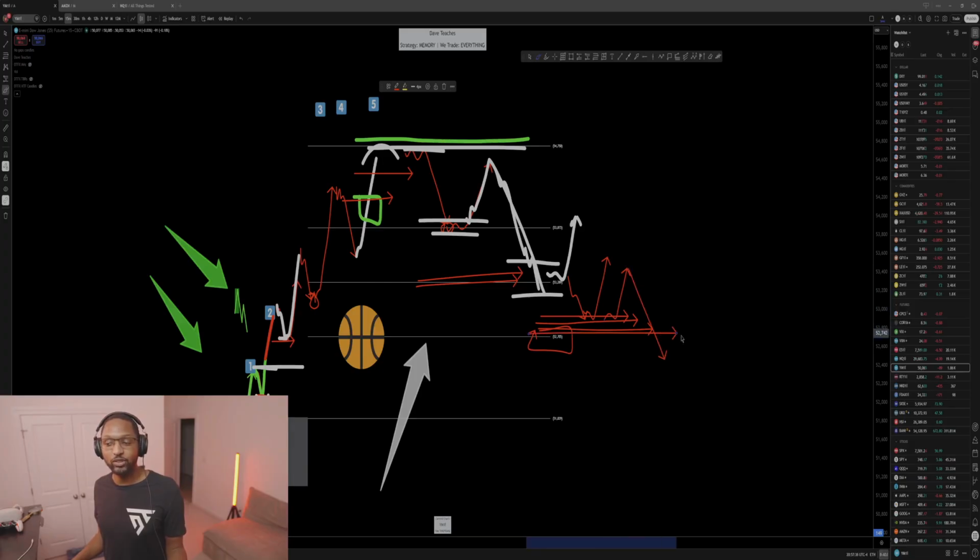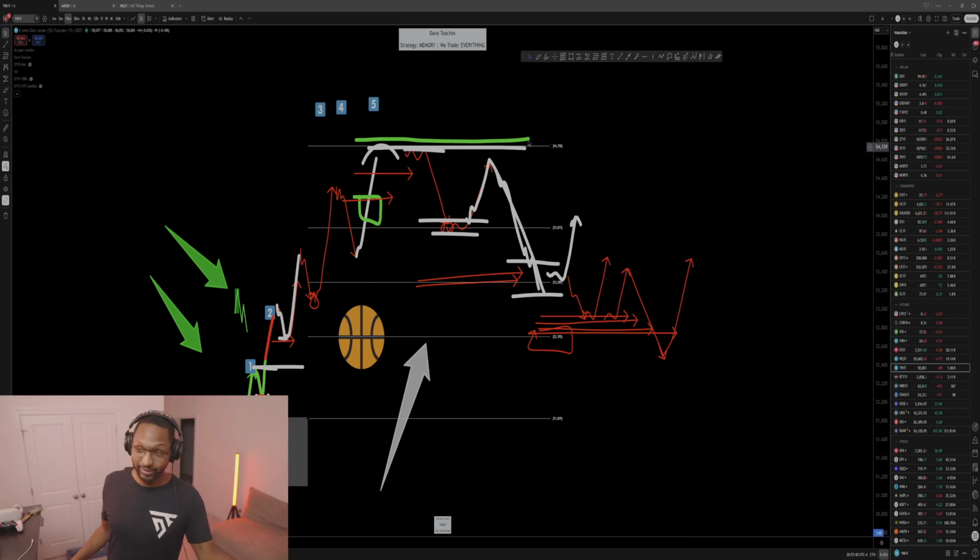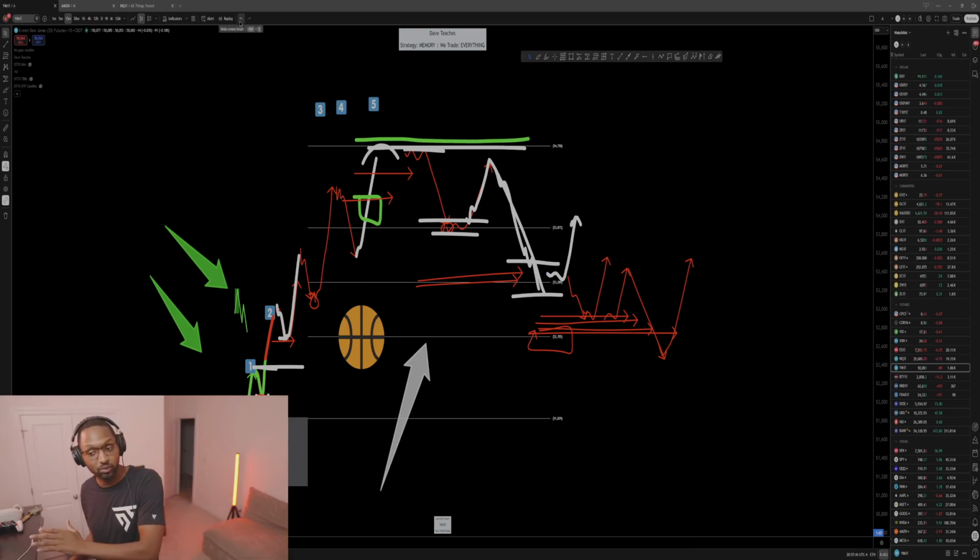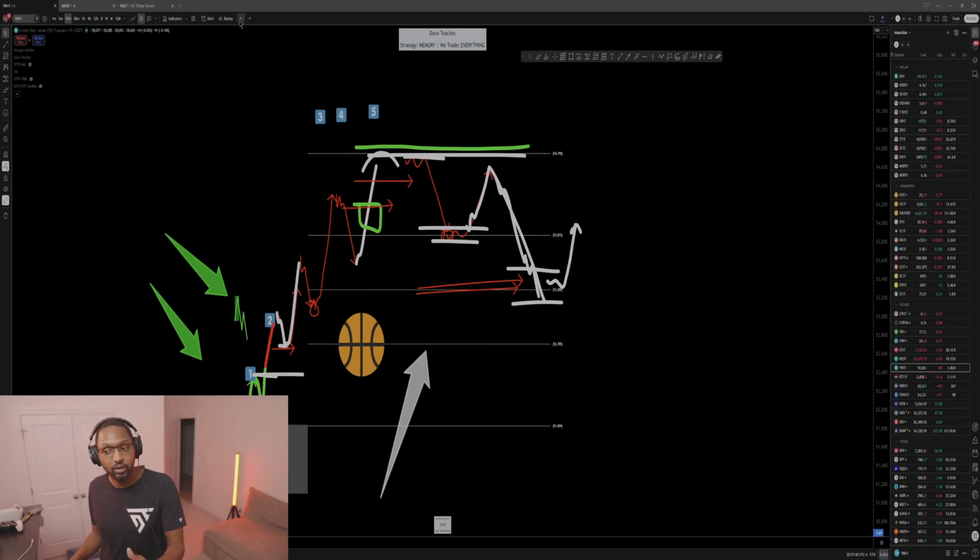And then we go down to the 70 and actually hit the 70 and move off of it. That's the thing that's going to get you cooked. That's why you don't deviate from any of the things that are being taught here, because that little small thing is going to be the reason why you take more stop outs than the system will actually give you. So it's important that you stick to this.